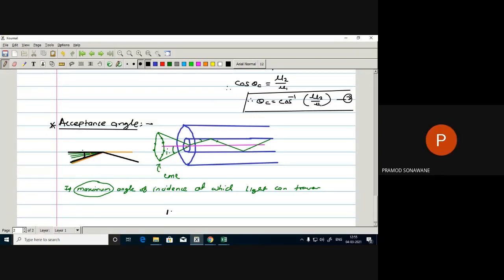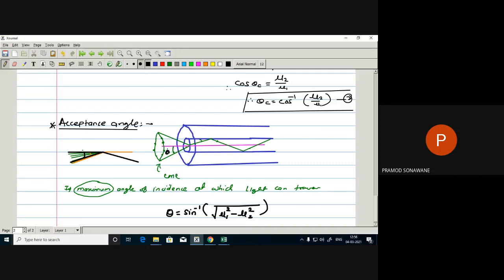No. So theta, if I say this is angle of incidence theta, so this theta is equal to sine inverse of under root of refractive index of core its square minus refractive index of cladding square. This is the formula to find the acceptance angle.